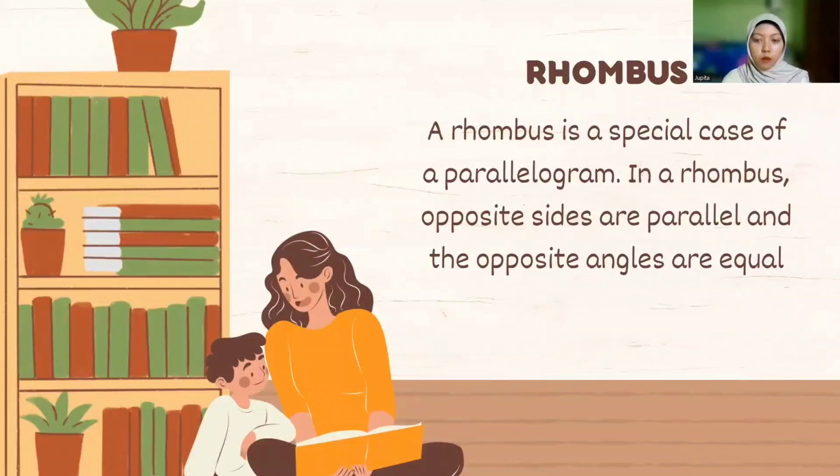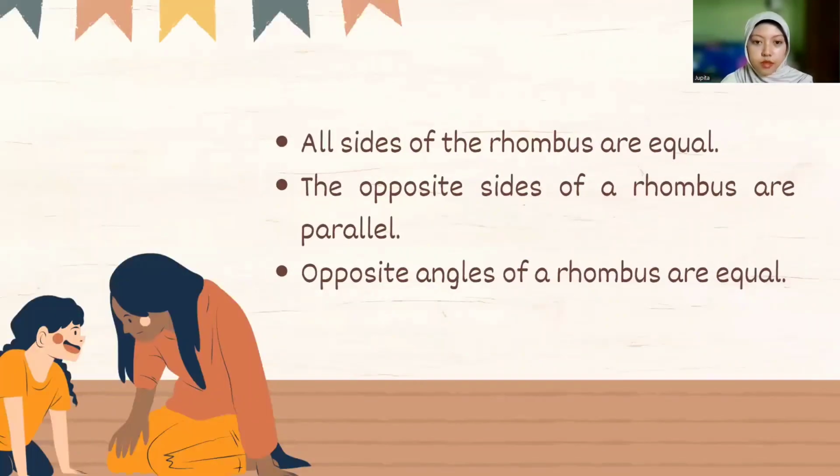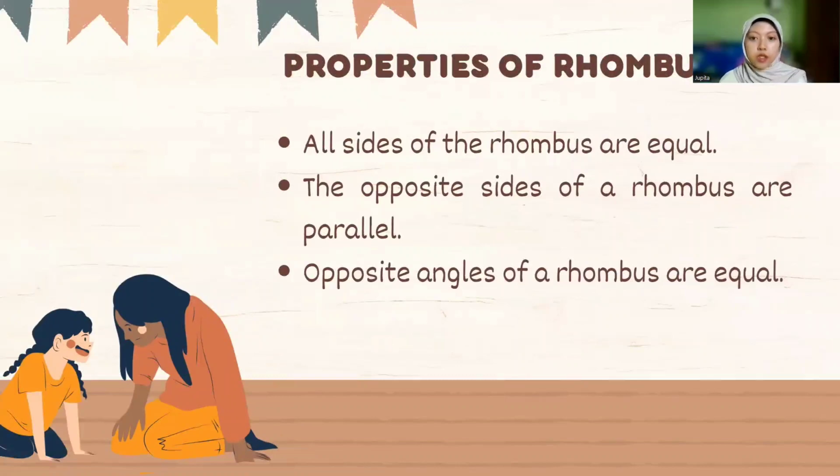Rhombus. A rhombus is a special case of parallelogram. In a rhombus, opposite sides are parallel and the opposite angles are equal. Properties of rhombus. 1. All sides of the rhombus are equal. 2. The opposite sides of the rhombus are parallel. 3.